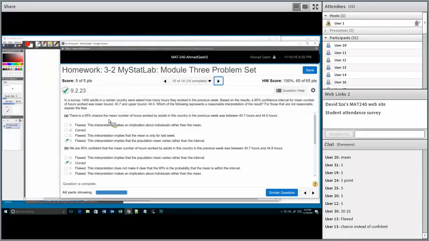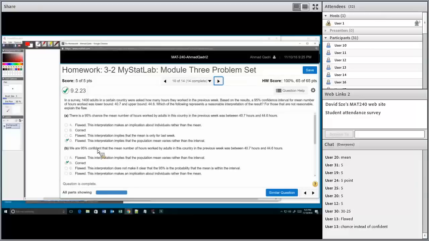The easiest way to remember the correct interpretation is that you should use the word confident or confidence with 95%. Whenever you use the word chance, you're associating probability with a statistic, meaning the statistic can move. That's wrong.